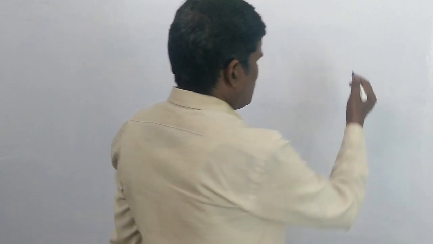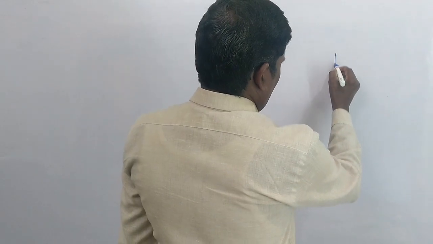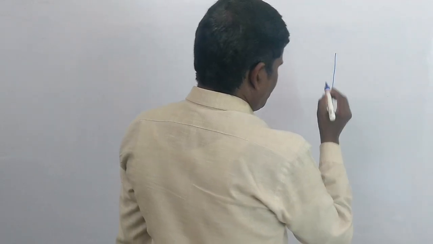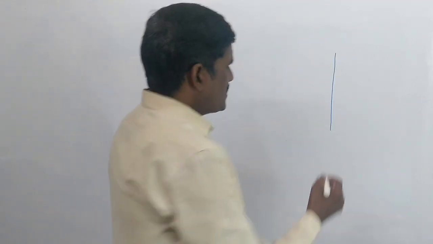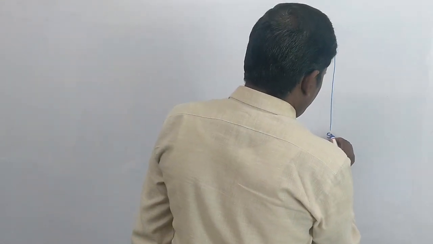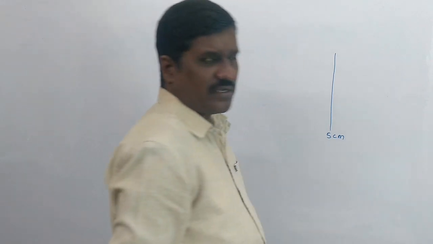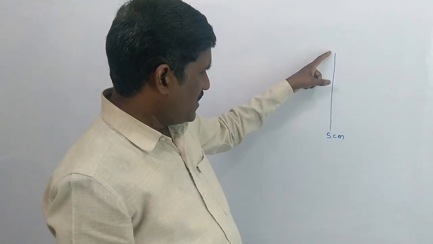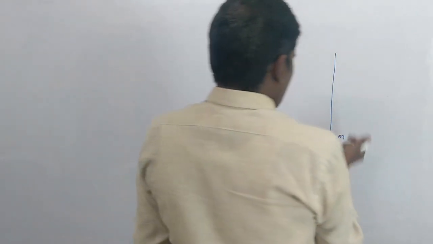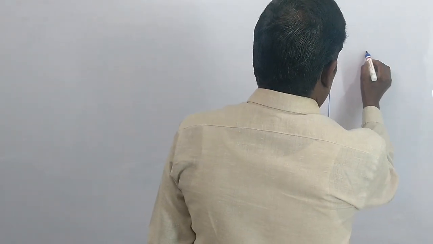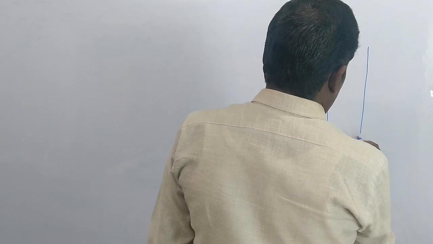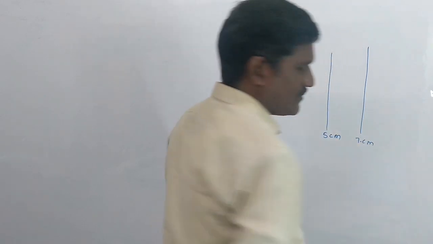This was completed in the last class. Let me say a few words about what ordinal means. Suppose this line is 5 centimeters, and this one is 7 centimeters in length.